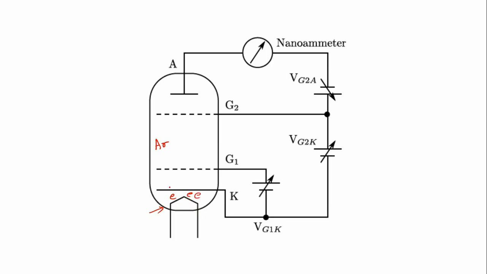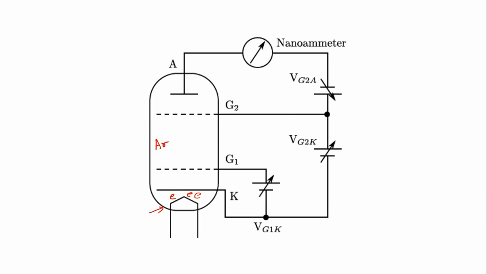There is a grid that is kept at a positive potential with respect to the filament. So after the electrons are ejected from the filament, there is a small positive potential, so that these electrons can come out, and it would be somewhere here.